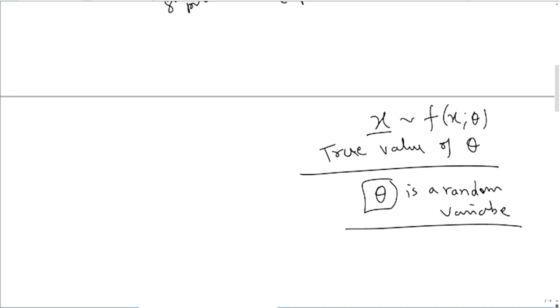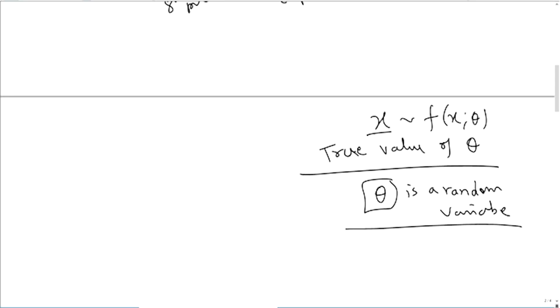Every time you have some limited sample from the population, it would tell you something about theta, but it may not tell you everything about theta. So there will always be some uncertainty about the true value of theta, and we do not want to throw away that uncertainty, because that uncertainty is useful for us, right?